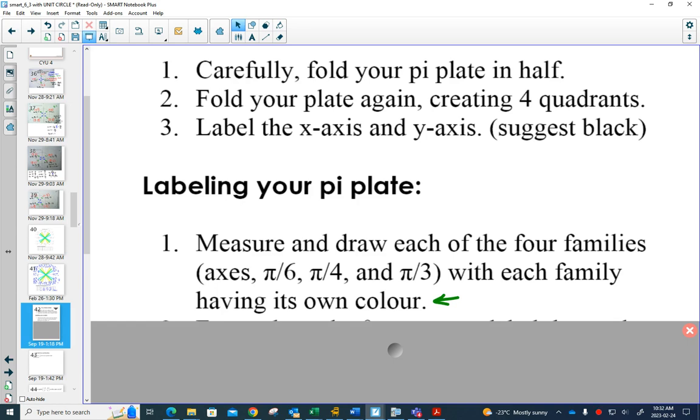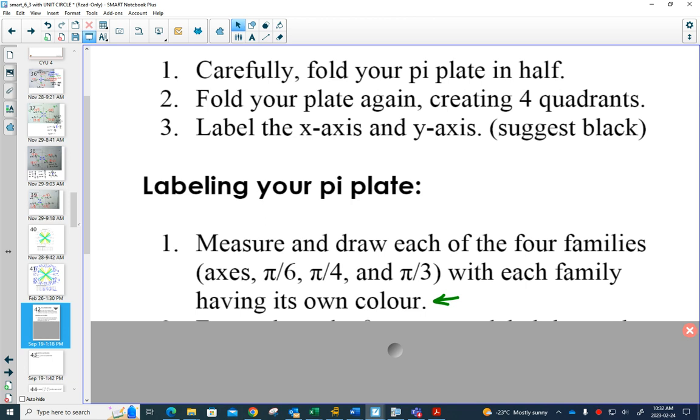So you can use a ruler. Here's one. They drew their lines first with dark lines all the way through. And the suggestion is that each family have their own color. This person decided not to draw the lines, they just did the dots because of their artistic thing that they decided.